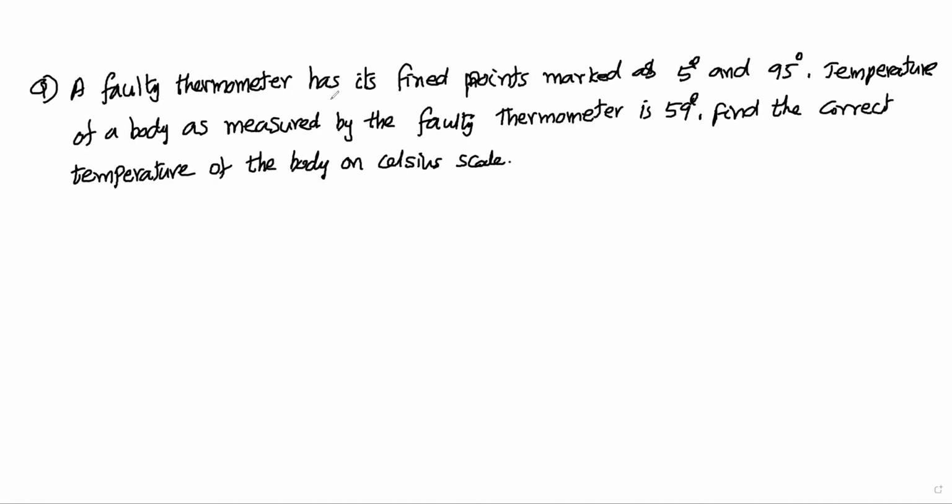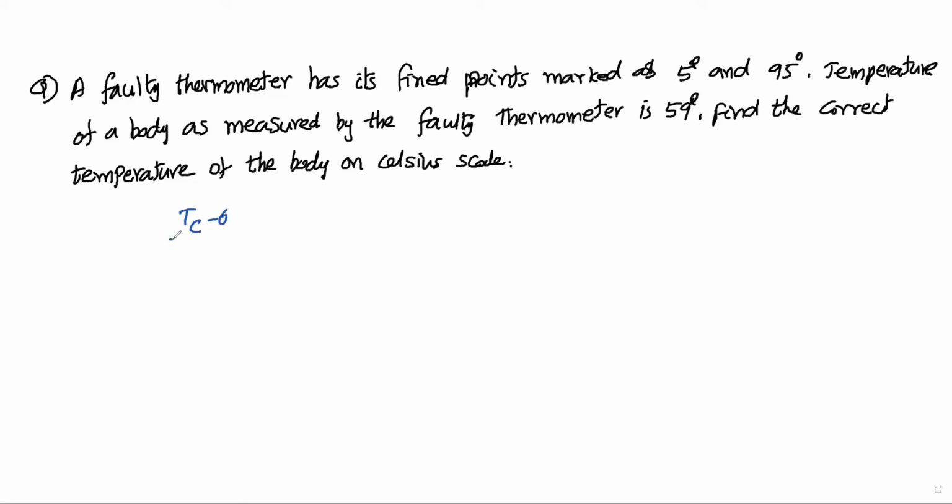A faulty thermometer has its fixed points marked as 5 degrees and 95 degrees. Temperature of a body as measured by the faulty thermometer is 59 degrees. Find the correct temperature of the body on Celsius scale. How to answer this?